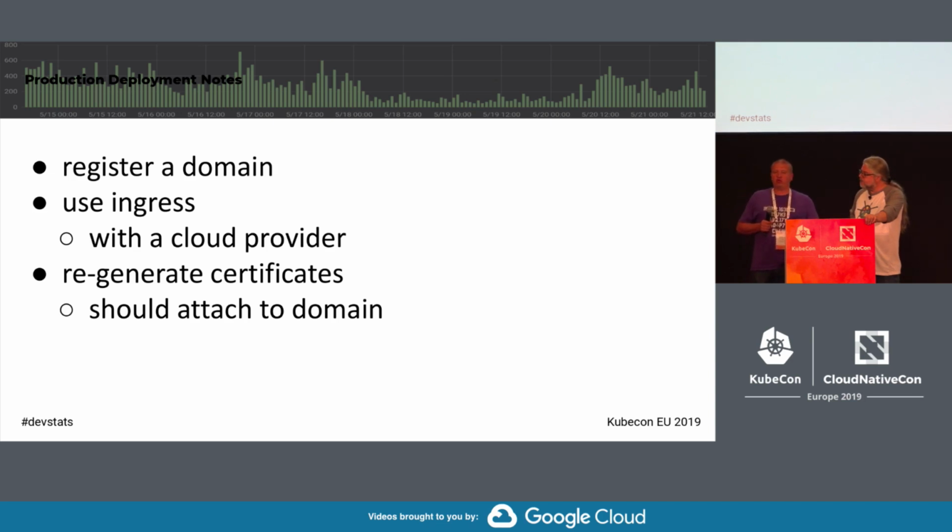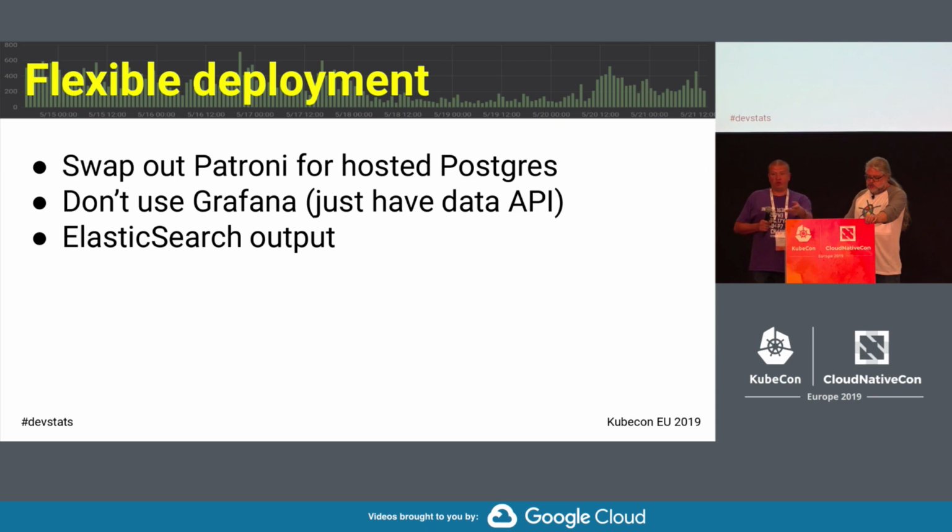Then you need to have some ingress controller. In our case, it was ELB from AWS. And finally, you need something to handle certificates. In our case, we used the open source program Cert Manager, which uses Let's Encrypt under the hood. Now, one of the things that it is set up for, and the reason for some of those complicated Helm charts, is that it was designed to be a somewhat flexible deployment.